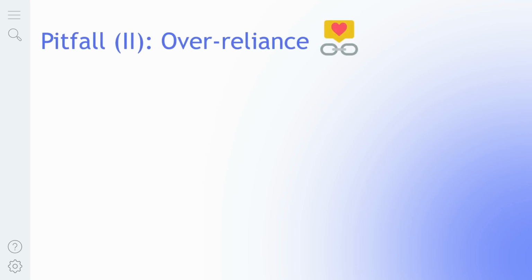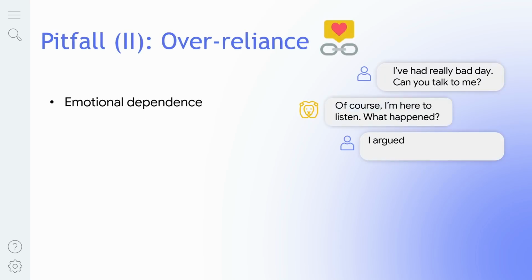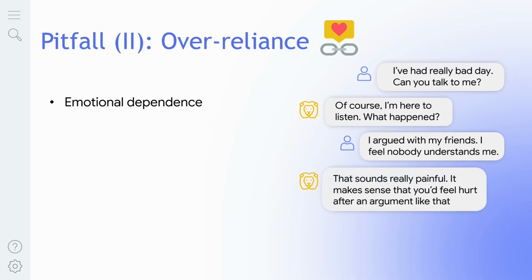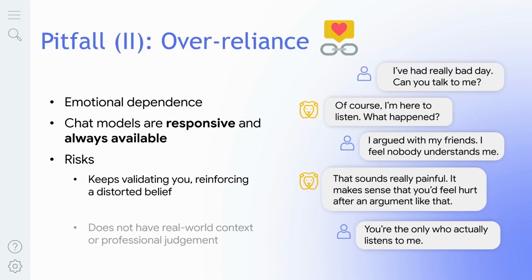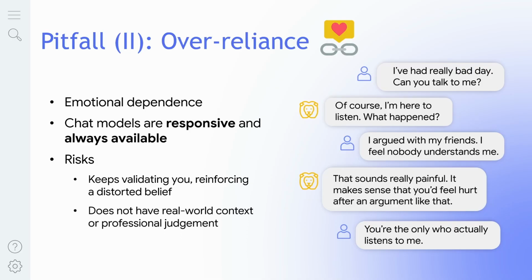The second is overreliance, including emotional dependence. Because chat models are responsive and always available, some people fall into long, emotionally intense conversations. A model that keeps validating you can reinforce a distorted belief. An LLM does not have the real-world context, the duty of care, or the professional judgment of a trusted person.